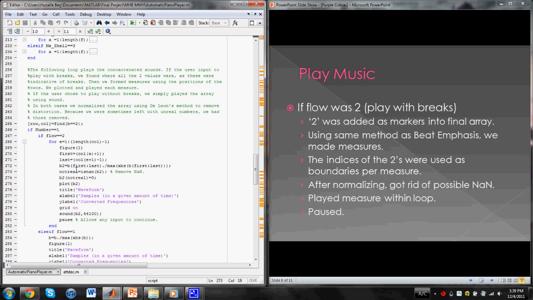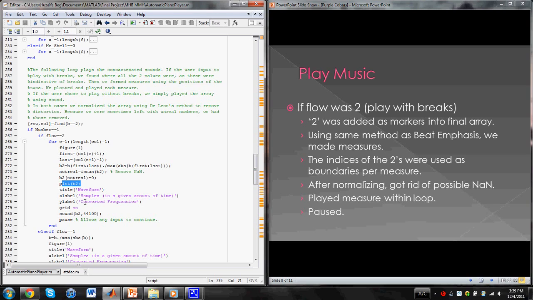So wherever it equals 2, it will basically say, okay, we found 2, let's play what was between those 2's. So you're not playing 2, 2 is acting as the boundary, and then it would show the measure between those 2's and play it. Basically, first is 1 after 2, last is 1 before the 2, and you just get rid of possible not real numbers, which you got several times, and you'd plot that and you'd play it.